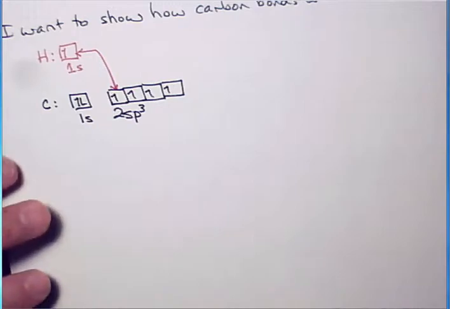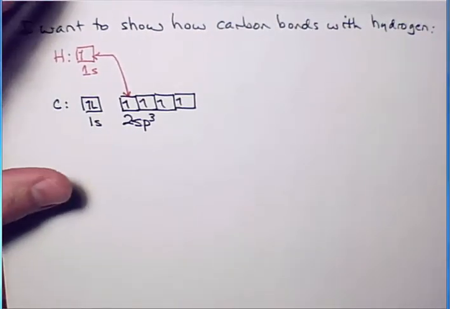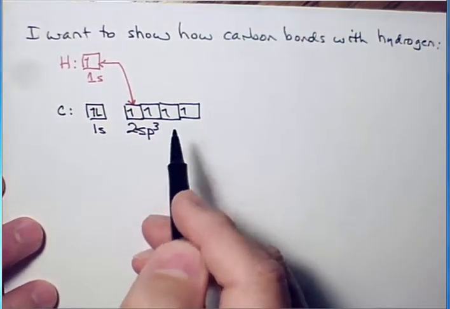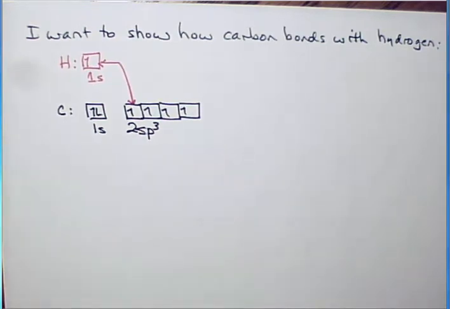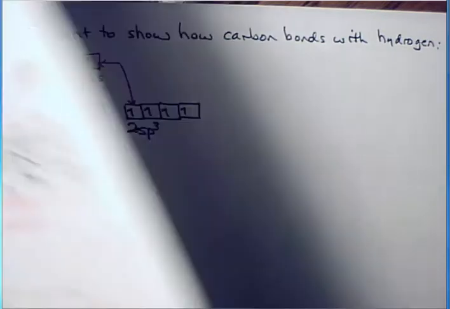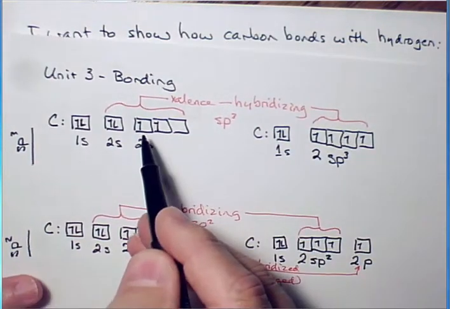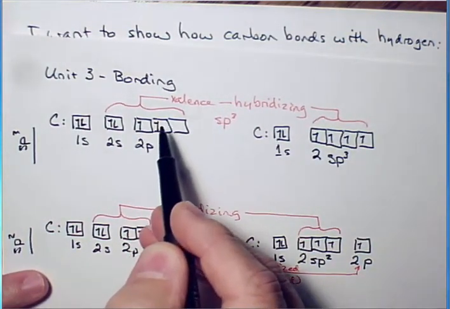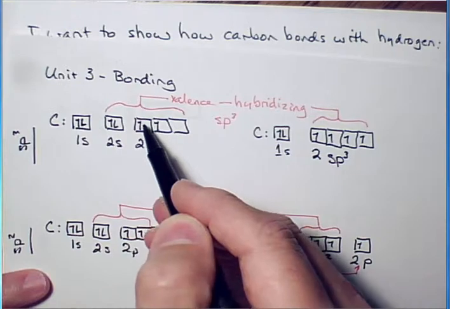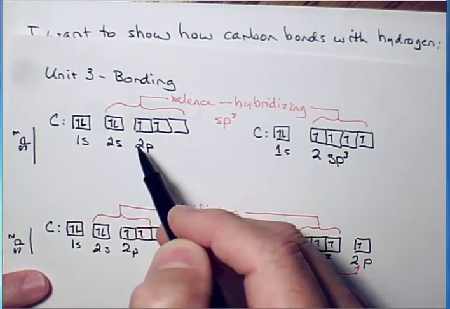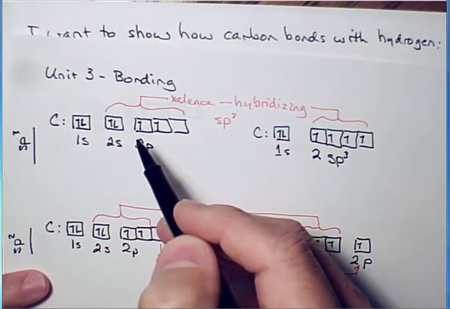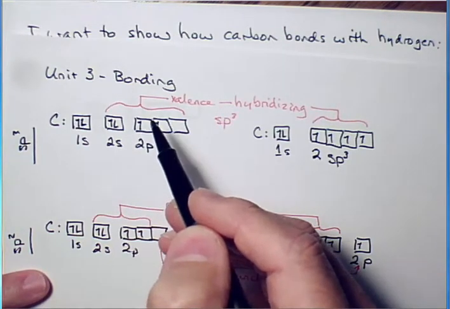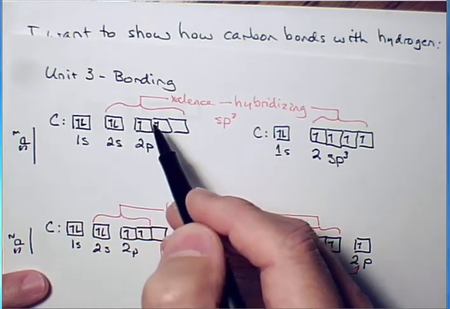Okay? All right. But now I have 3 more orbitals that are now available to bond with hydrogens, and that's exactly what happens. Let me go back now to our original unhybridized set of orbitals. If I were using these orbitals right here to bond with hydrogen, I would only have 2 orbitals available. It has to share electrons. You have to have 1 electron from one atom and another electron from another atom for that kind of sharing to take place.